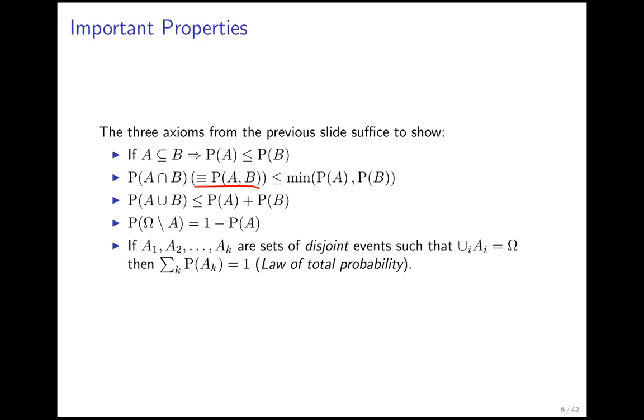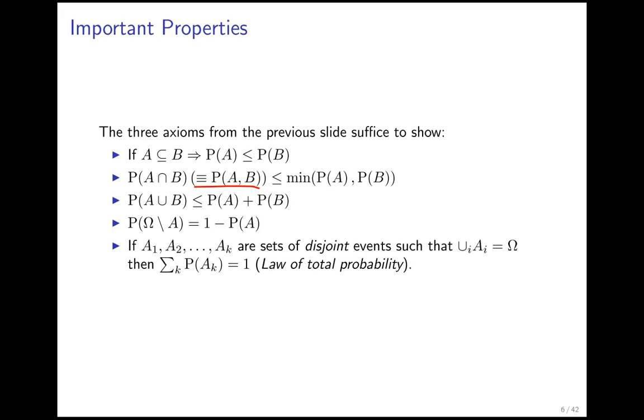And why do we have a less than or equal sign? That's because we count outcomes twice, potentially, because some outcomes might be in A and in B, and we would count them several times when it comes to probabilities.